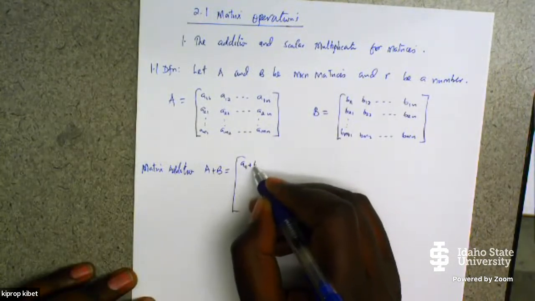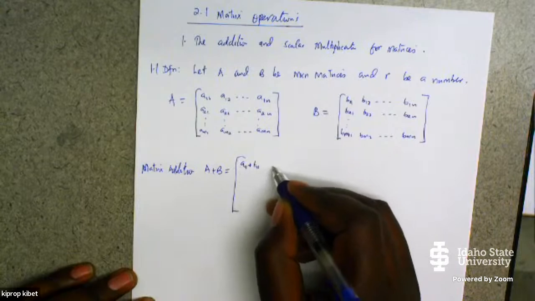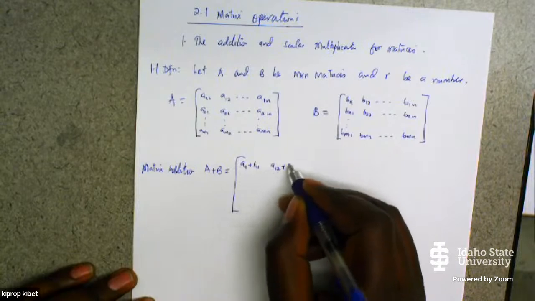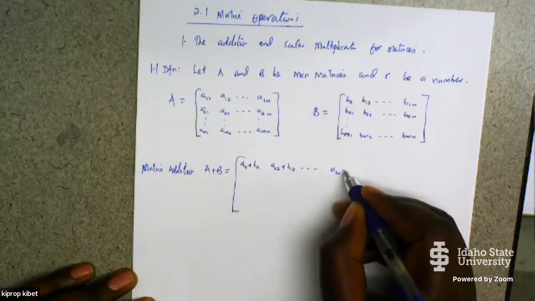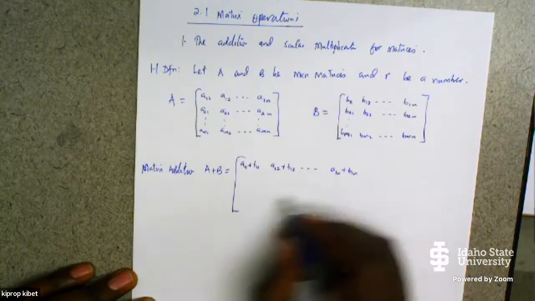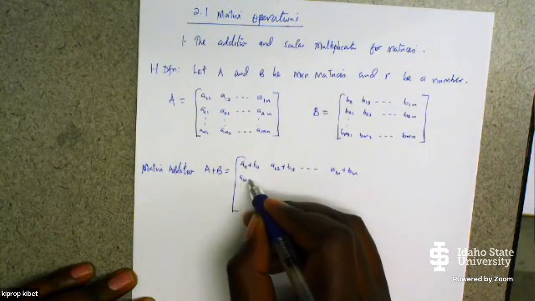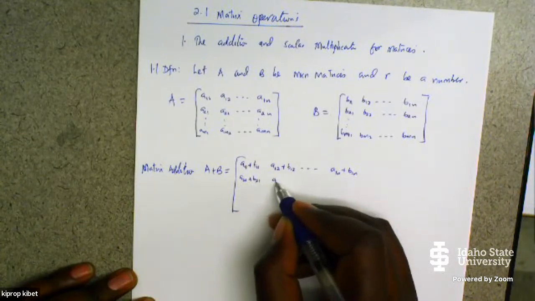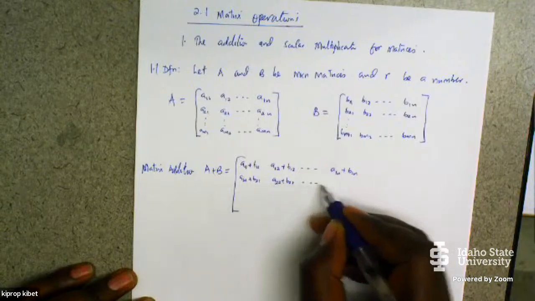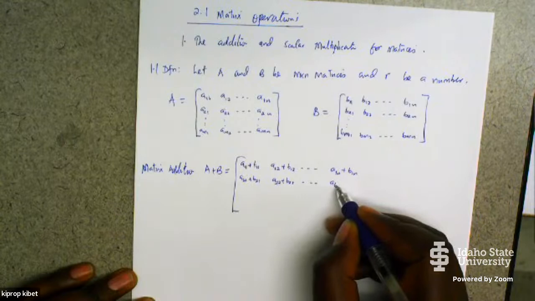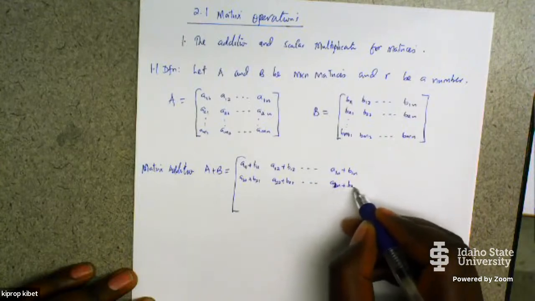A11 plus B11, A12 plus B12, all the way to A1n plus B1n, A21 plus B21, A22 plus B22, all the way to A2n plus B2n.